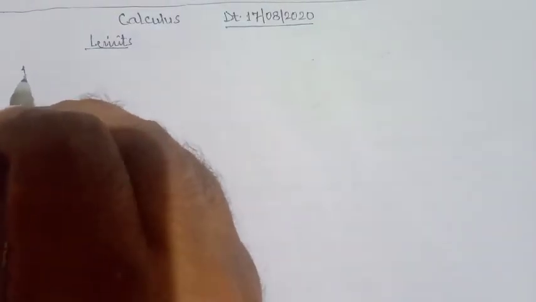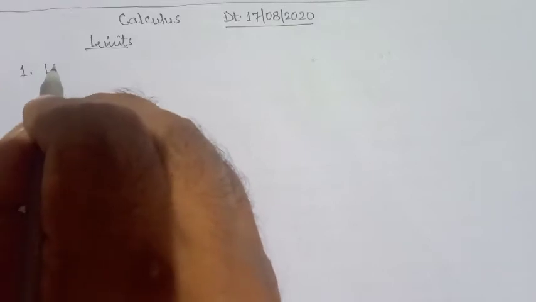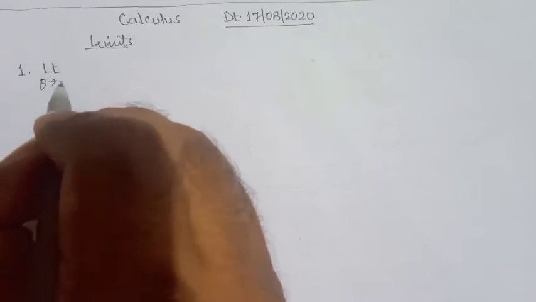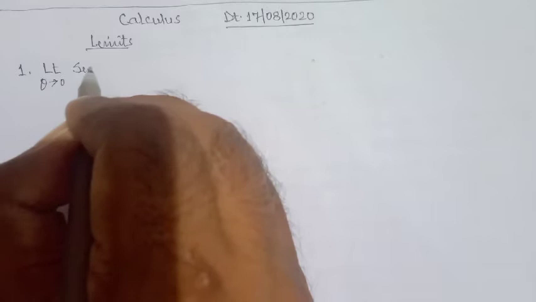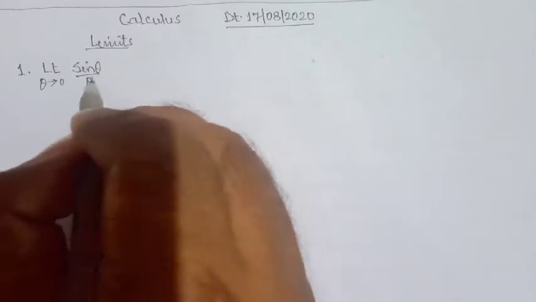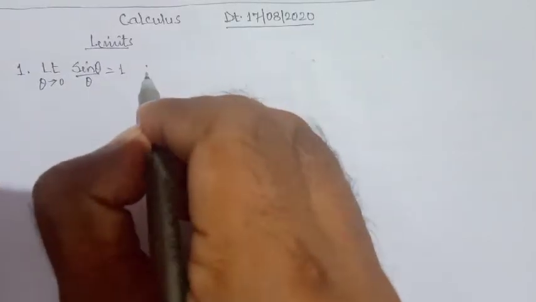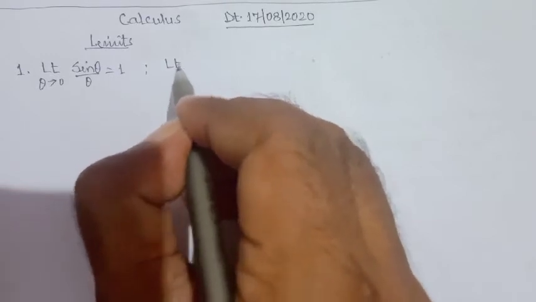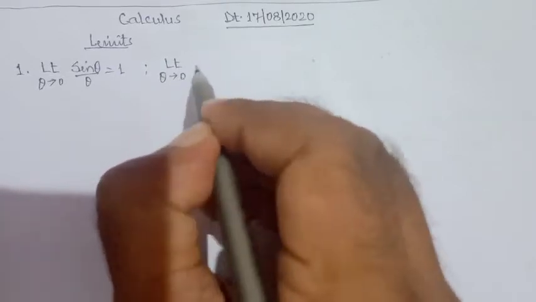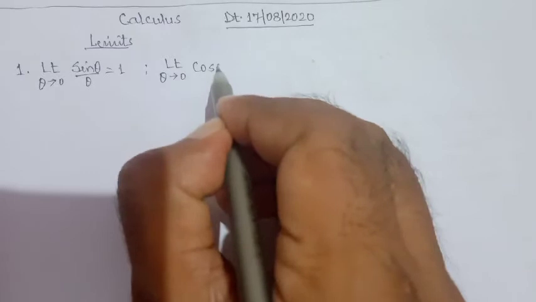The first one was limit theta tends to 0 sine theta upon theta is equal to 1. The second was limit theta tends to 0 cos theta equals 1.